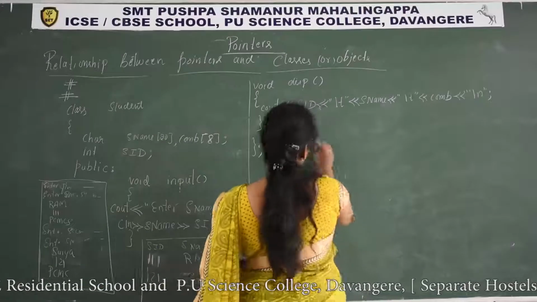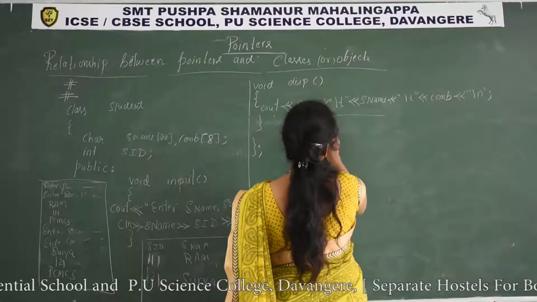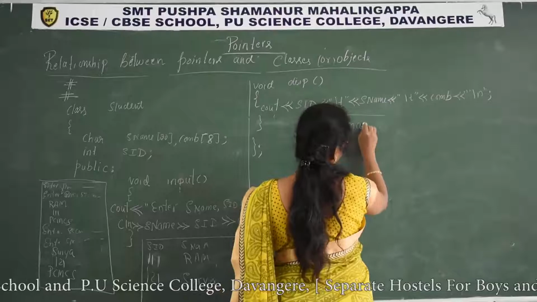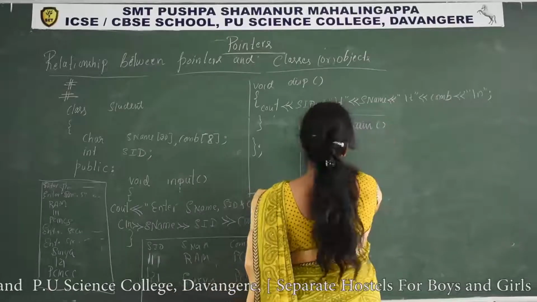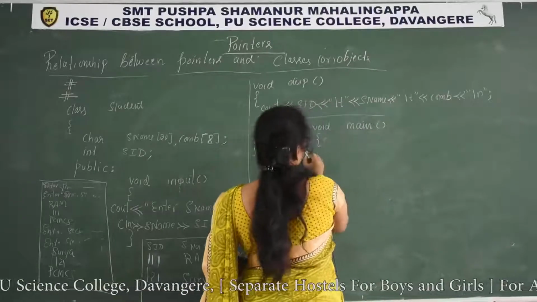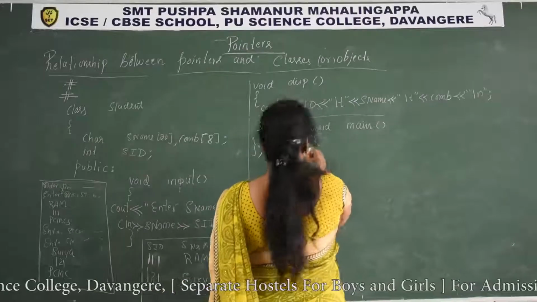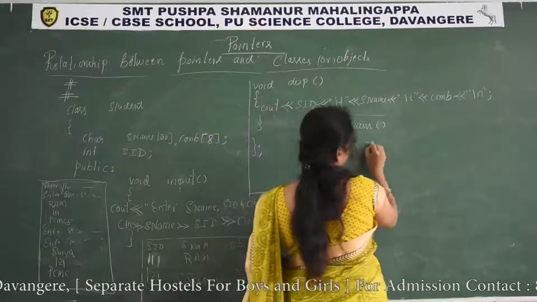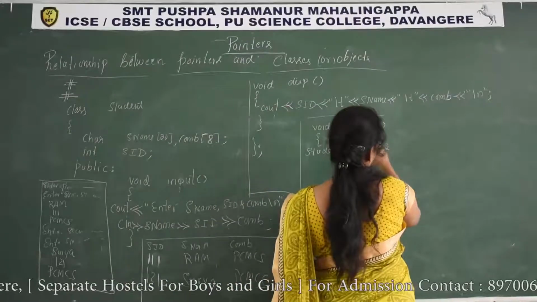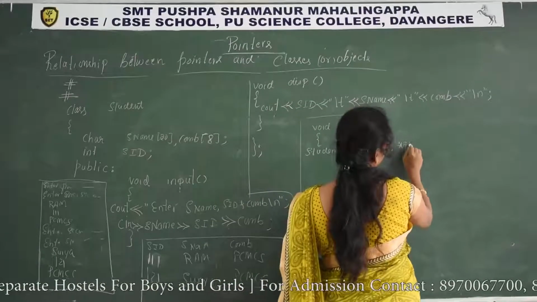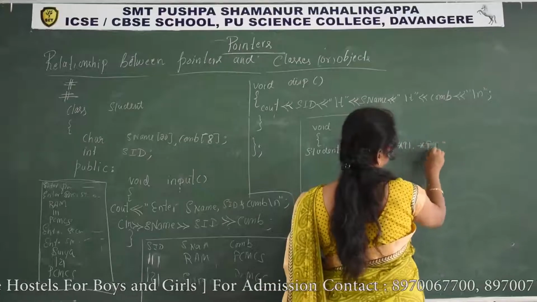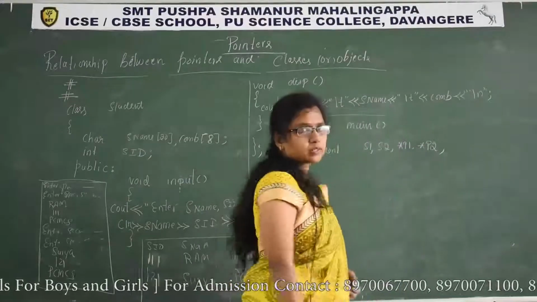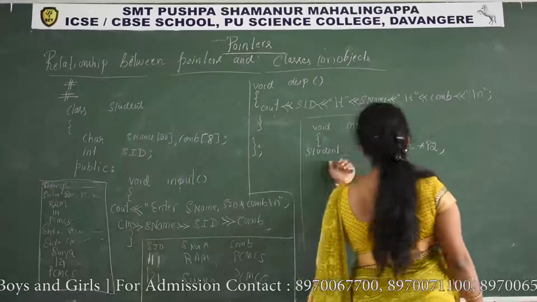Now I'll write main here. Void main. What is the data type? Student. S1, S2, star P1, comma star P2. P1, P2 are pointers of which type? Student type.